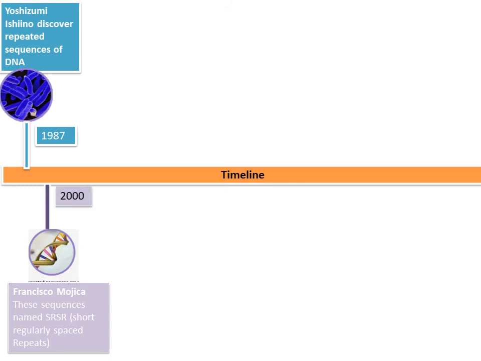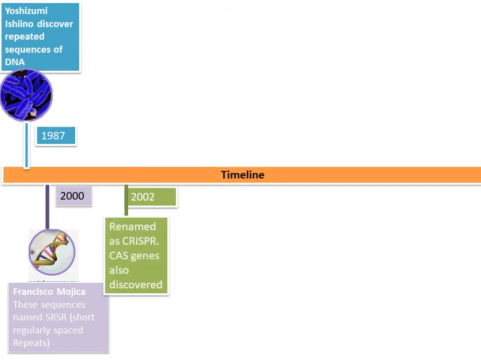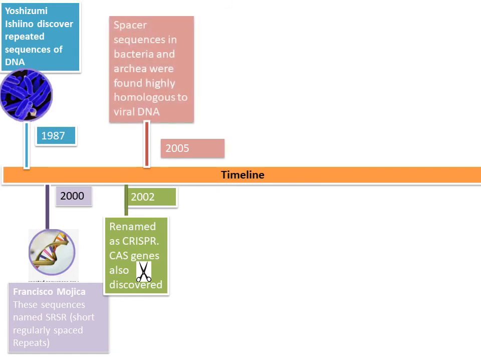In 2000, he named these sequences short regularly spaced repeats. Then in 2002, he renamed them CRISPR. Cas genes were also discovered. In 2005, spacer sequences in the bacteria and archaea were found highly homologous to viral DNA.